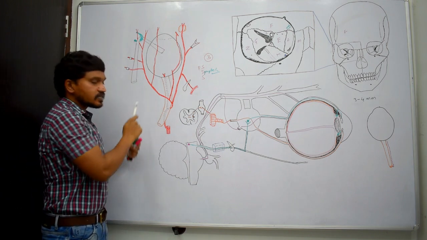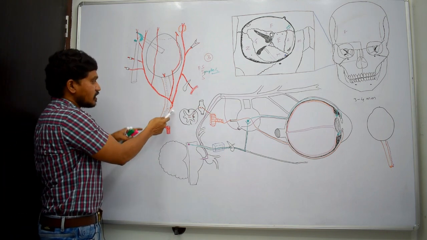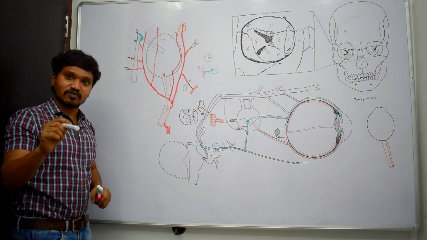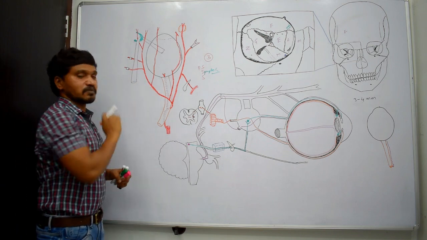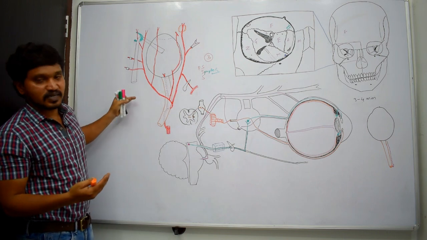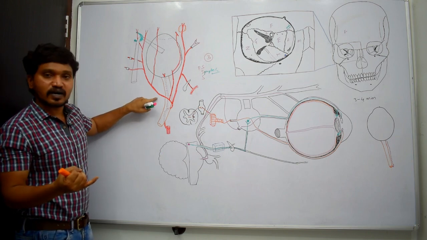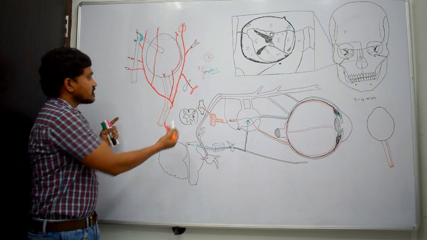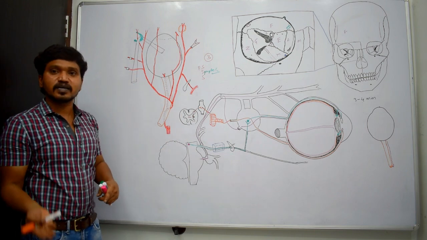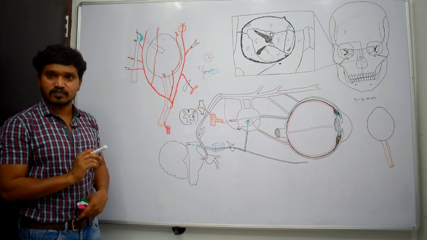Then the optic nerve is crossed superficially by the ophthalmic artery along with the nasociliary nerve and superior ophthalmic vein. That means these 3 structures are crossing from lateral to medial side. What are those? Superior ophthalmic vein, ophthalmic artery, nasociliary nerve. These are the structures crossing the optic nerve superficially. Deeply also one structure is crossing, that is the nerve to the medial rectus, right?